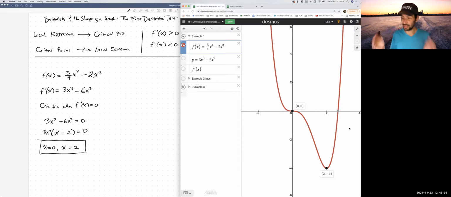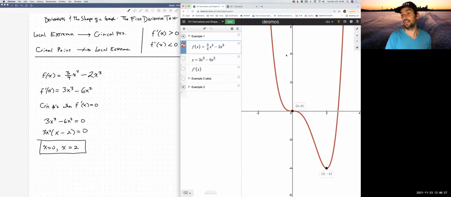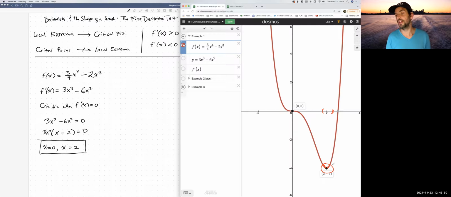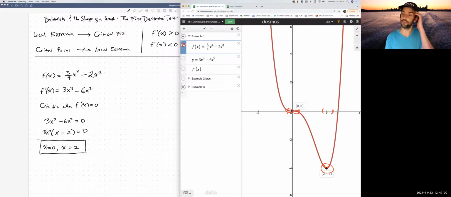So when we make our interval around x equals 2, right? If I make some interval, in this case it doesn't matter the size, all the points to the left and the right are greater than that. And so it's a local minimum, right? When we try that over here, all the ones on the left are larger, all the ones on the right are smaller, and so it's neither.